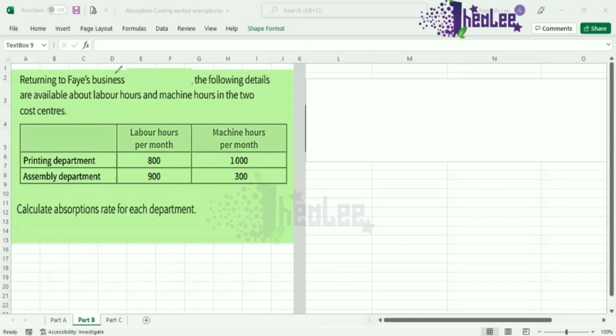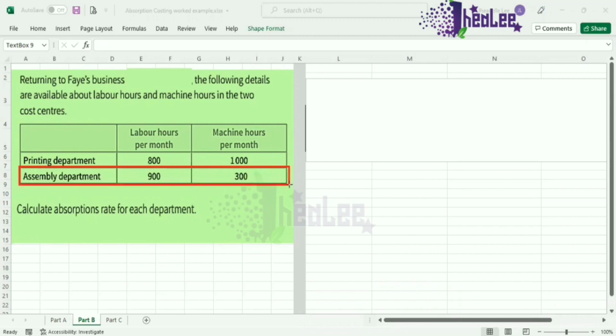Now, in terms of the assembly department, let us assess the information that we have available, because we need to find out for this cost center the dominant factor. What are we going to use as a basis of allocation in order to calculate our absorption rate for the assembly department? They use up 900 labor hours, and for the machine hours, they use up 300.